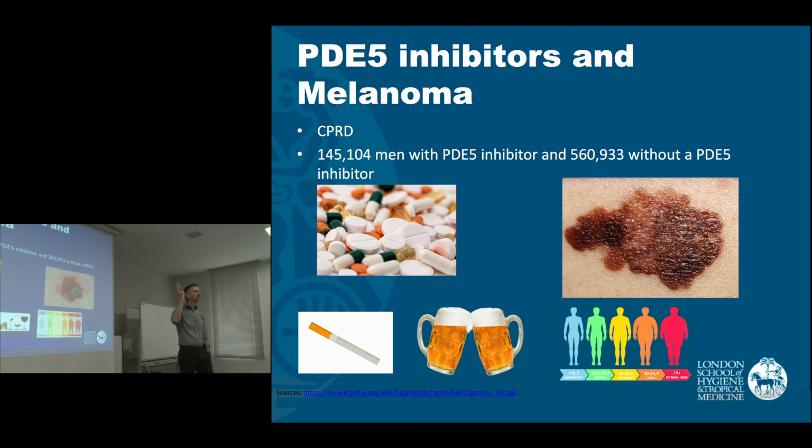But any thoughts on what else might differ between men that take PDE5 inhibitors and men that don't, and which is highly relevant for whether they get skin cancer? What might explain that association?